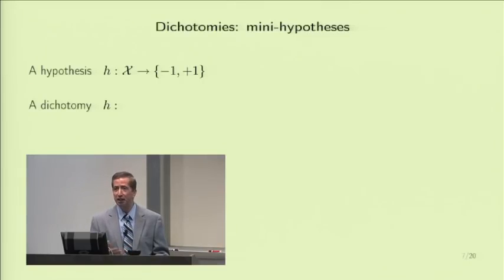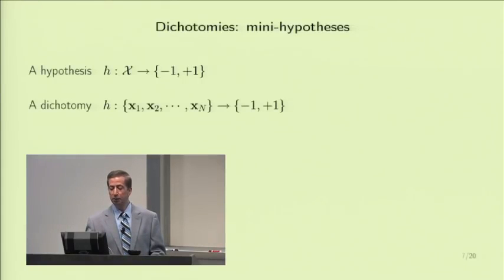We can even give it the same name because it's returning the same values for the points it is allowed to return values on. But the domain of it is not the full input space, but very specifically x1 up to xn. Each one of these points belongs to script x, to the input space. But now I'm restricting my function here, and again, the result is -1 or +1 exactly as it was here. That's what a dichotomy is.